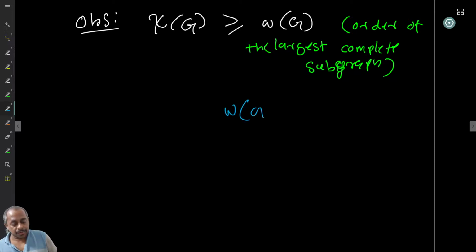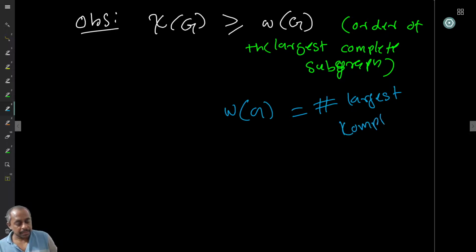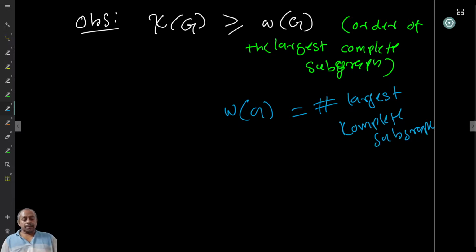So omega of G is the order of the largest complete subgraph. So the chromatic number is at least omega of G.